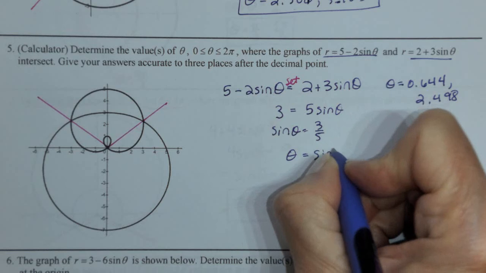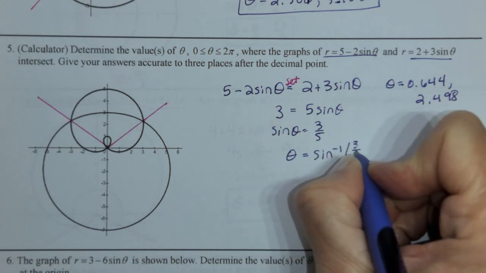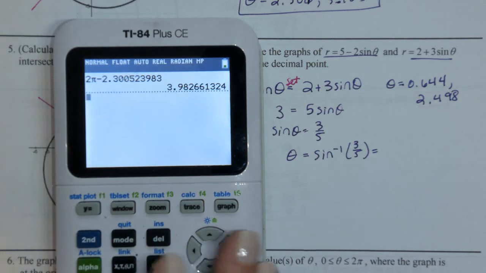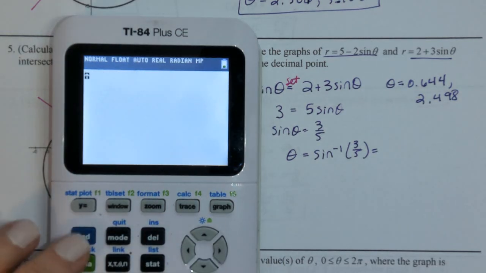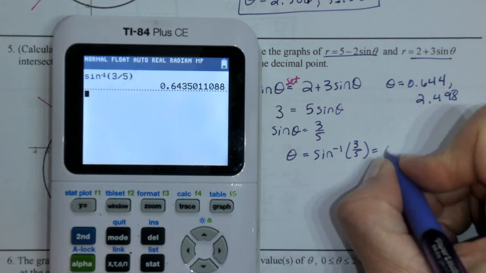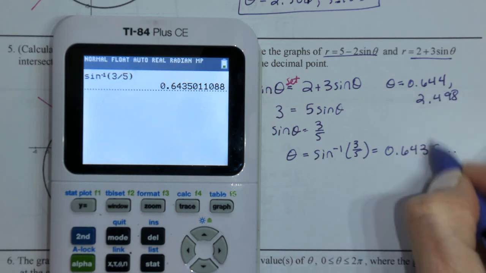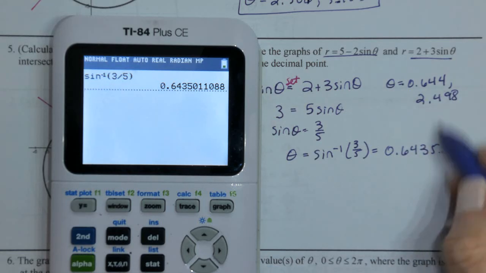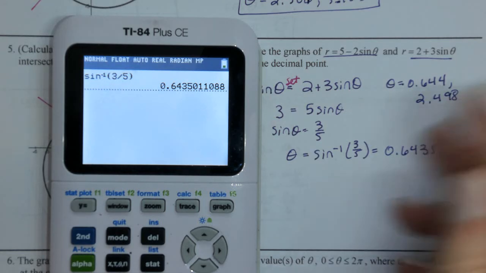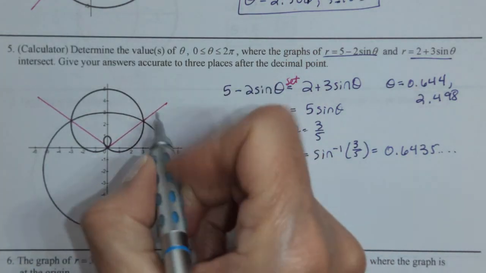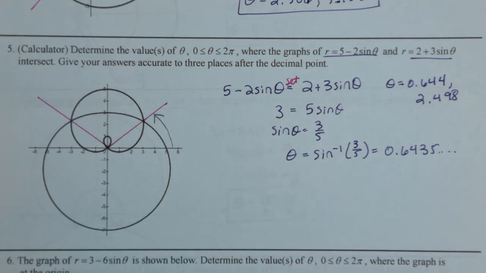So theta would be inverse sine of 3/5, which is, back to my calculator, inverse sine of 3/5 gets me 0.6435 dot dot dot, which is that 0.644 number, right?